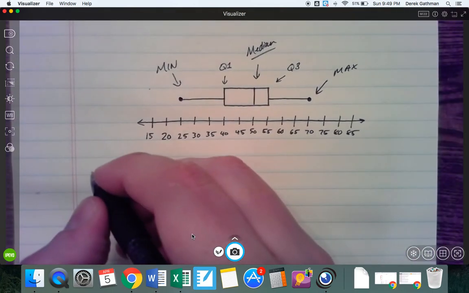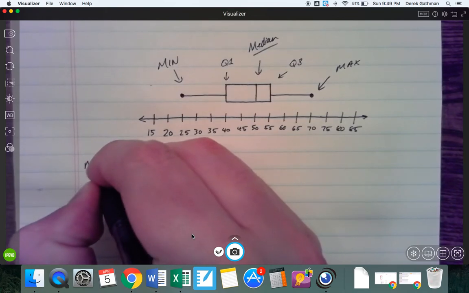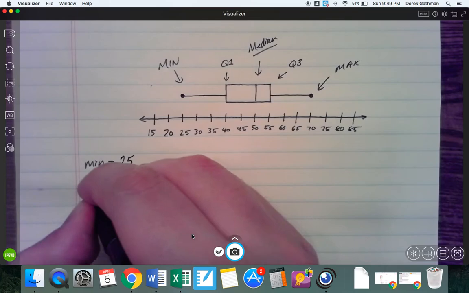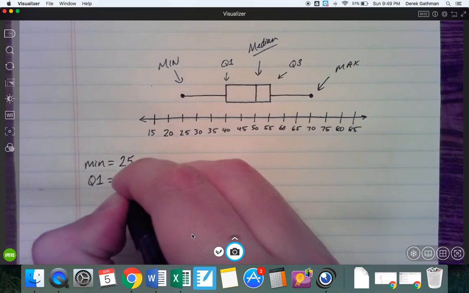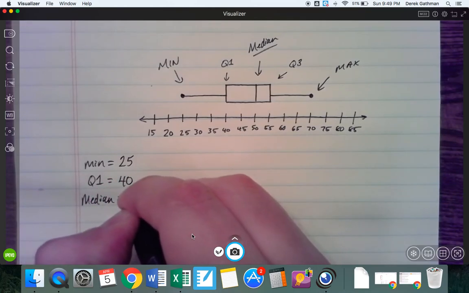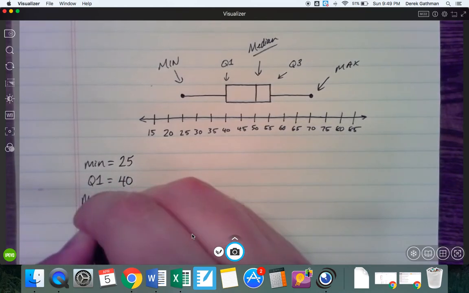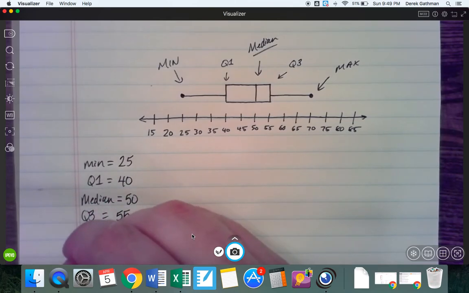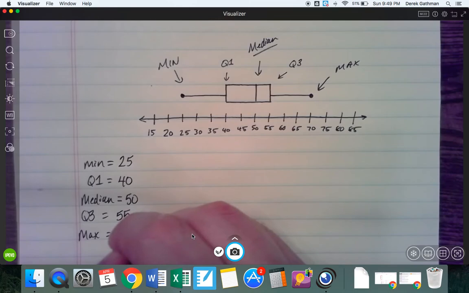We're just going to write this all out so we see it. My minimum value is probably about 25. My Q1 value is looking like 40. My median is 50. My Q3 is 55. And my max is 70.